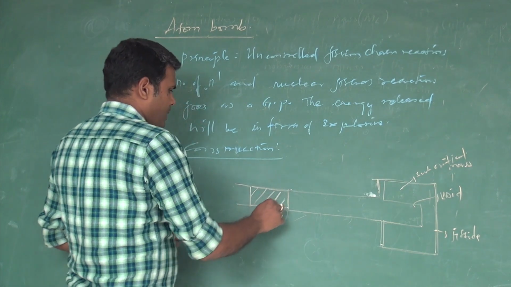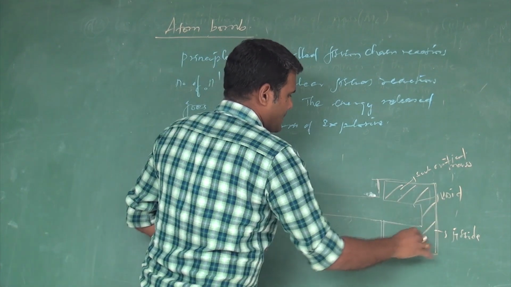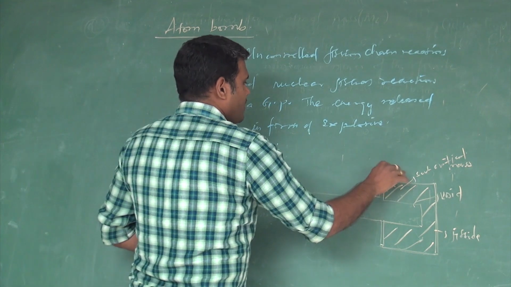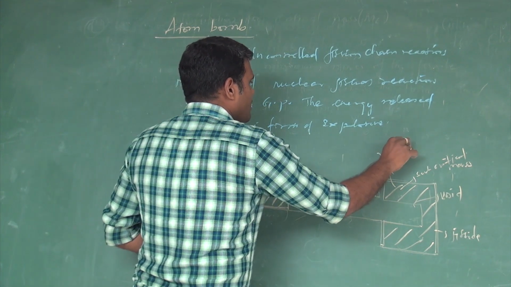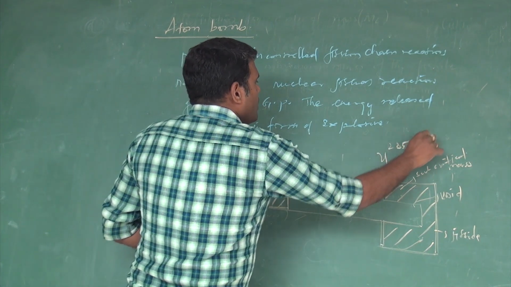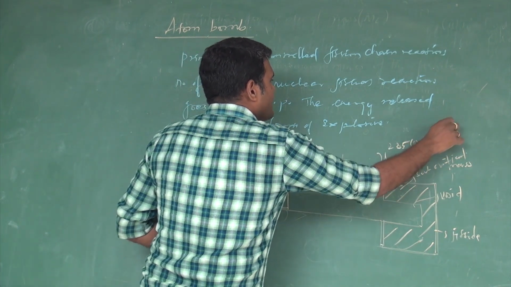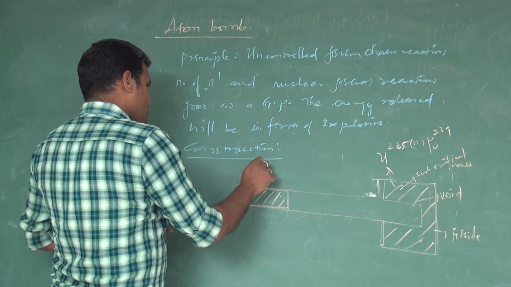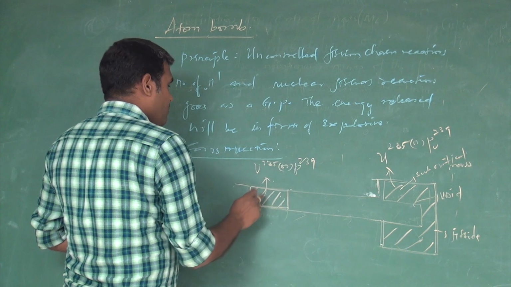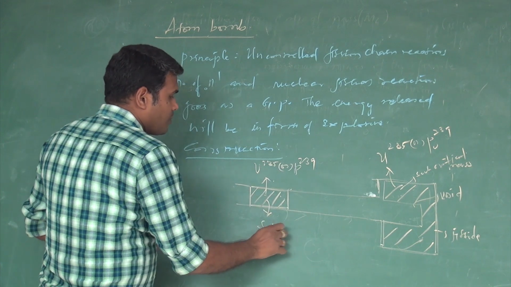This is a fissionable material, made of uranium-235, or otherwise you can have plutonium-239 here. So this is also uranium-235 or plutonium-239, but this is also a subcritical mass.